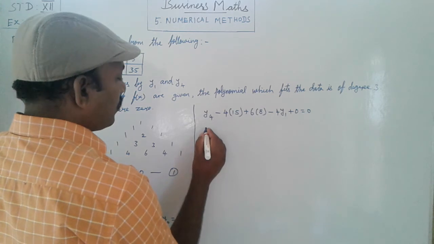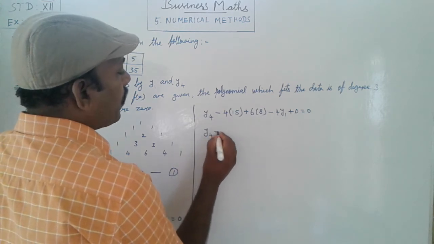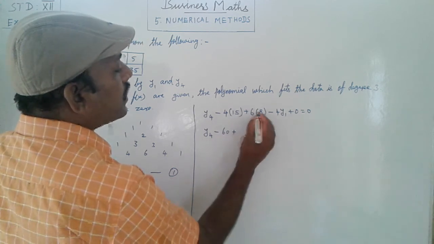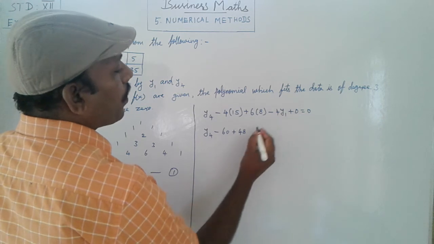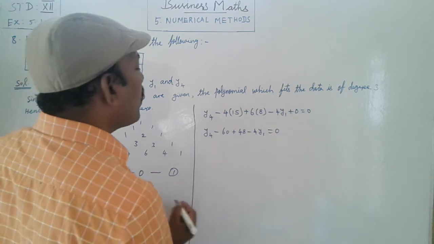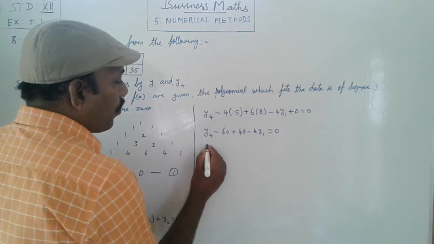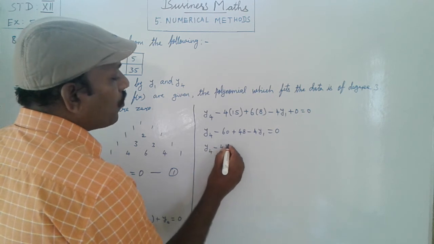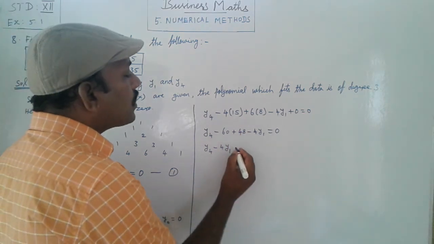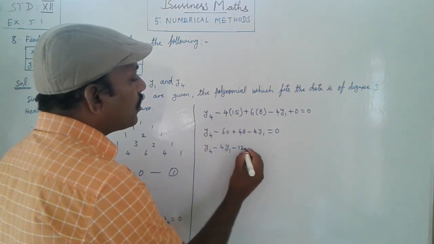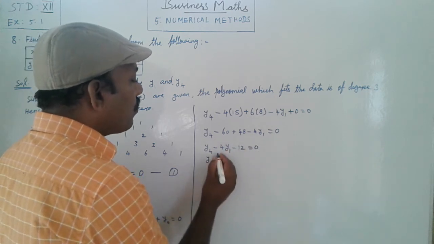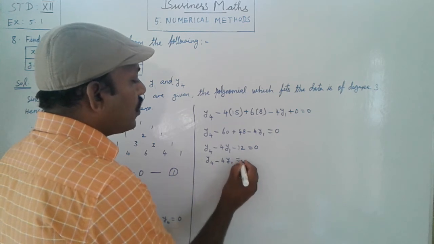So write here y4 minus 4 15s are 60 plus 6 8s are 48 minus 4y1 equal to 0. So y4 minus 4y1 minus 60 plus 48 is minus 12 equal to 0. So 12 we should take right hand side. Y4 minus 4y1 equal to 12.